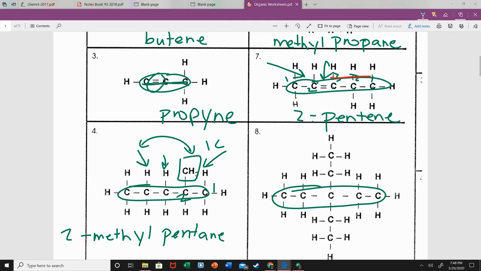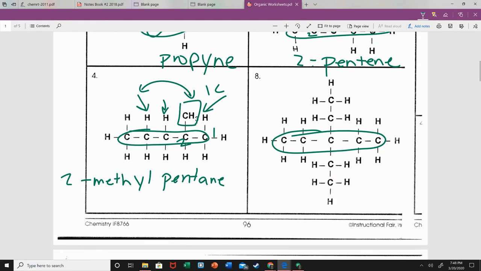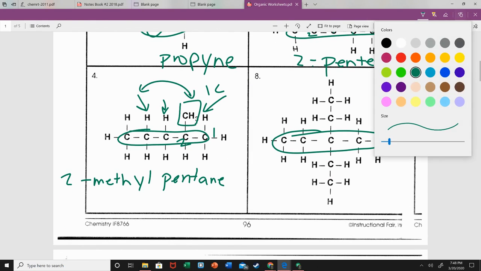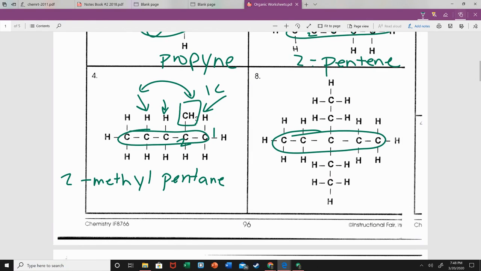So we agreed that pent is the prefix for 5. So we're going to say this is pent. And it's connected with single bonds, so we say ANE. So that's pentane. So now, are there any carbons outside of my chain? Yes, there are.